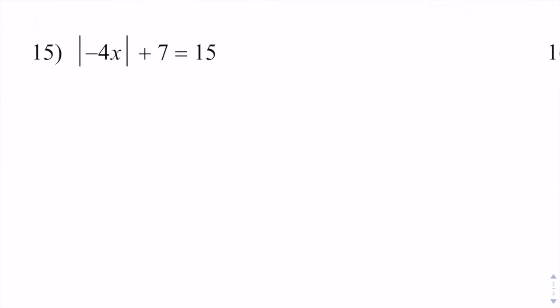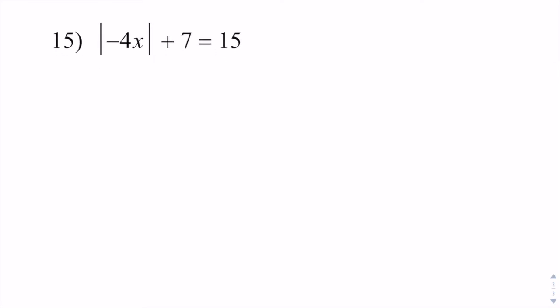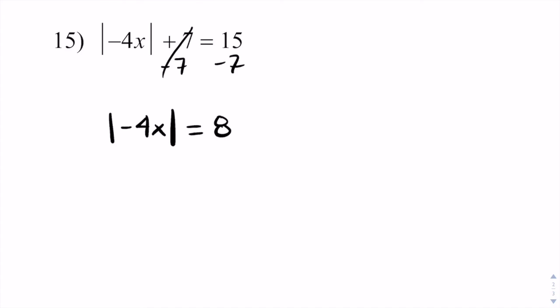Now for number 15, the inverse operation to isolate the absolute value is to subtract 7 from both sides. That cancels that operation out, and isolates the absolute value. And we get that the absolute value of negative 4x is equal to 8. So we get what's inside the absolute value, negative 4x, and equal it to positive 8.